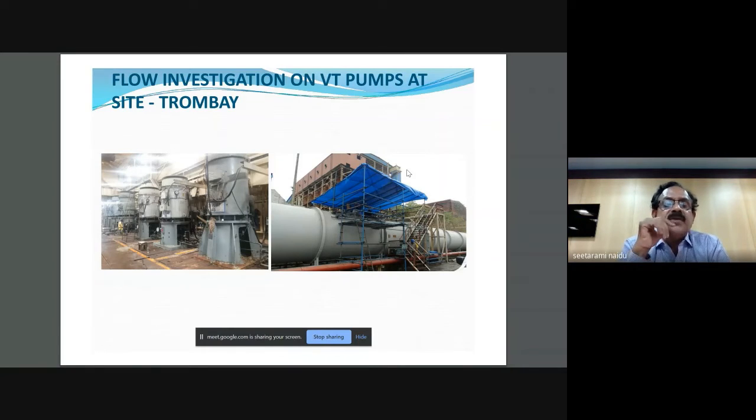We have given certain recommendations to change the impeller housed in the same scroll casing. I believe they are implementing it, and without any addition of pumps, we are trying to solve the problem with the recommendation of a changed delivery structure as well as runner.